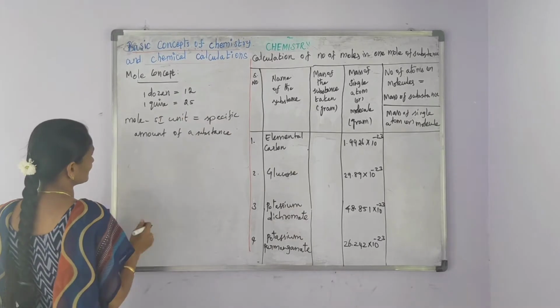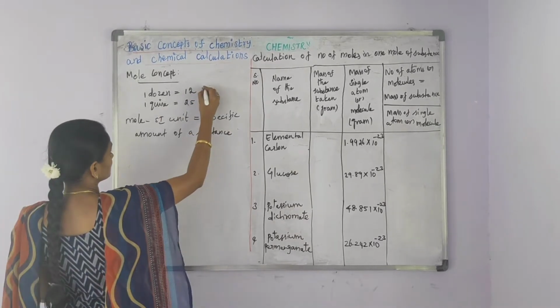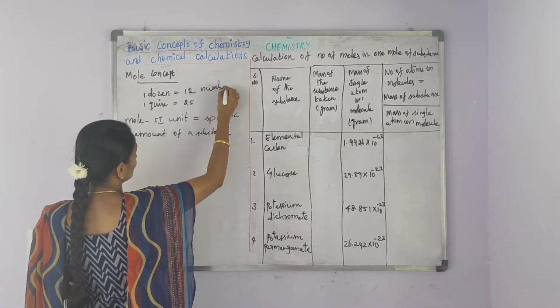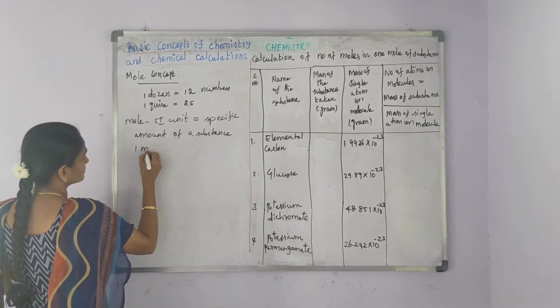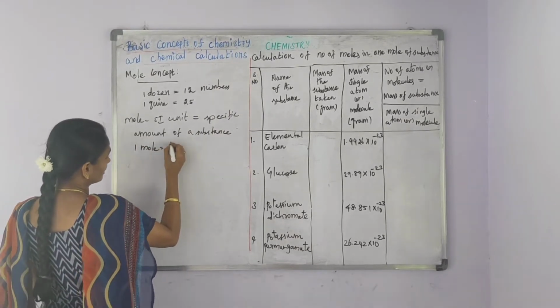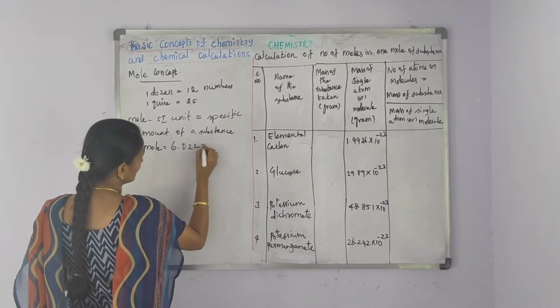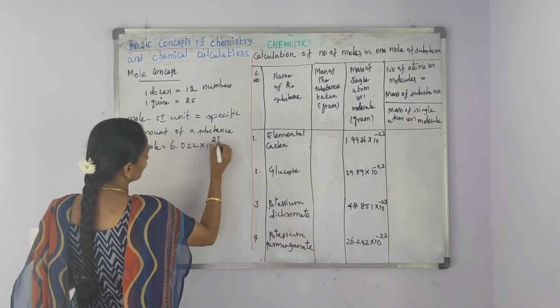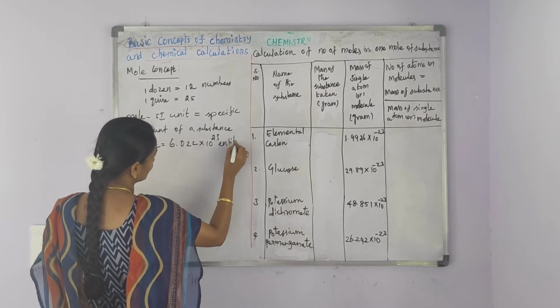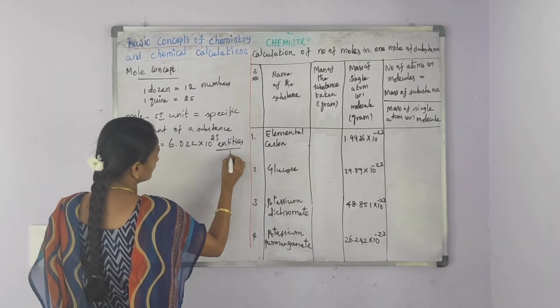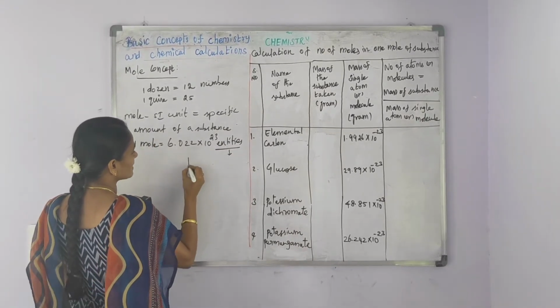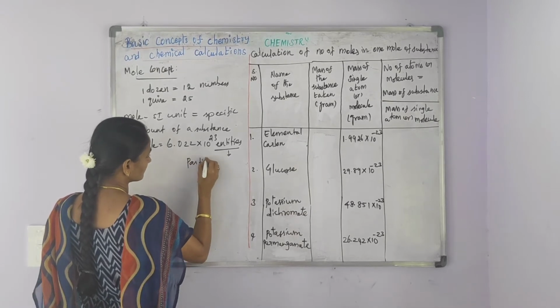So 1 dozen is equal to 12 numbers. But 1 mole is equal to 6.022 into 10 power 23 entities. Entities means particles.